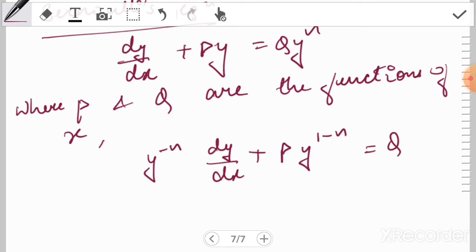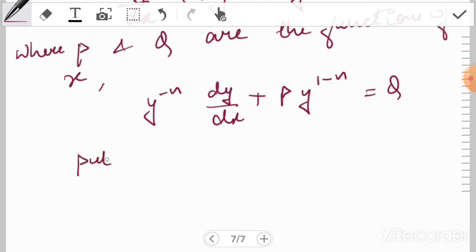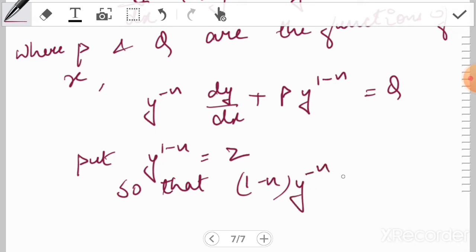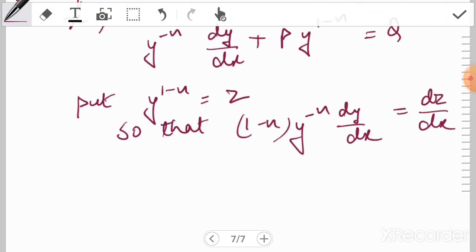Now let us put y raised to the power 1 minus n as z, so that 1 minus n times y raised to the power minus n dy by dx equals dz by dx.